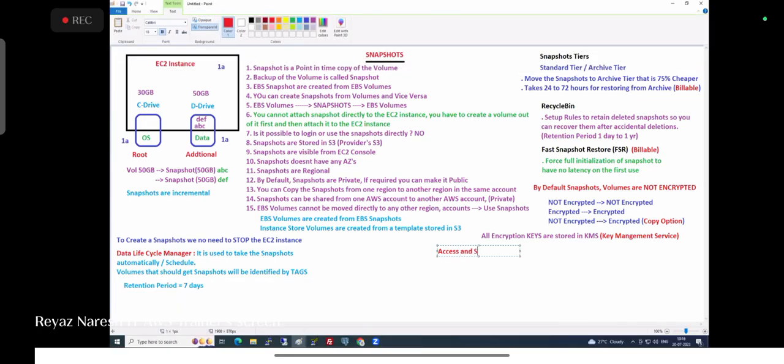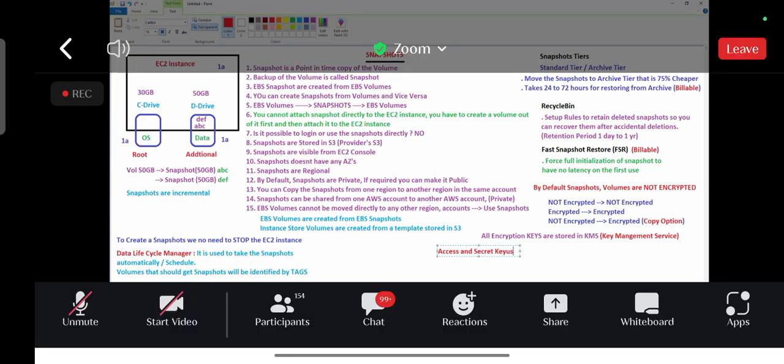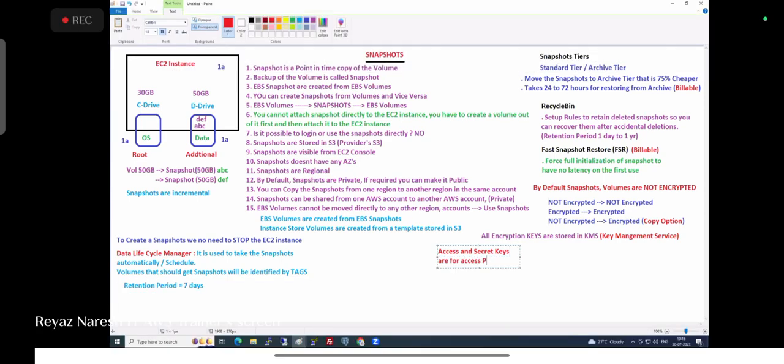Access and secret keys are for access purposes, correct? And encryption keys are for encryption or security purposes.